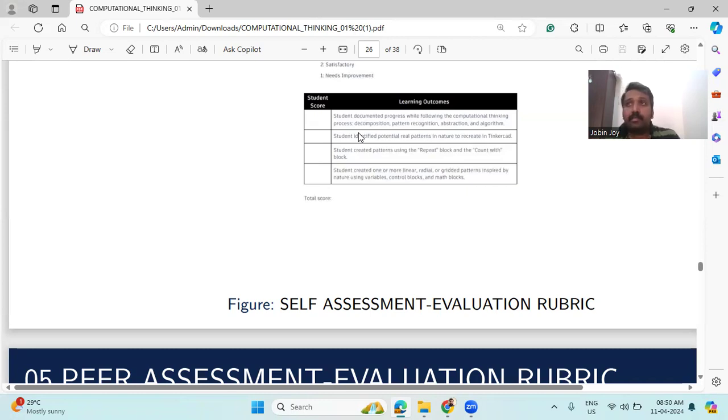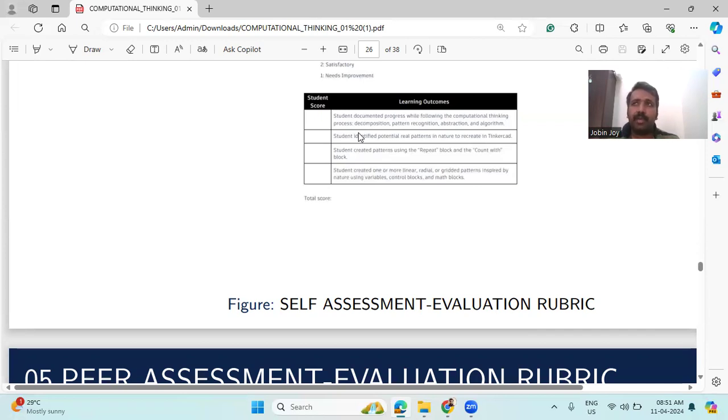Okay, and see, there will be one problem. Because of this peer evaluation, and also the collaboration at the same time, there will be some conflicts, there will be some fights inside the classroom. It is the duty of the teacher to properly manage and monitor the students.